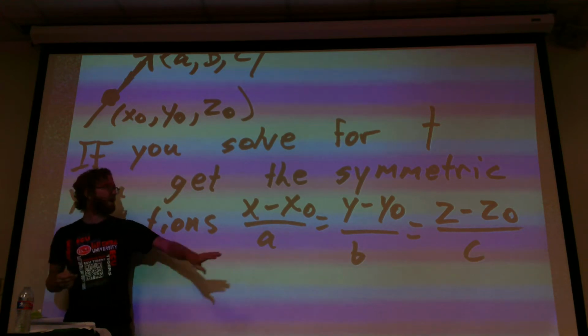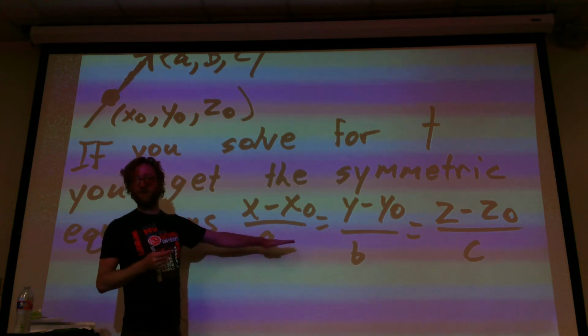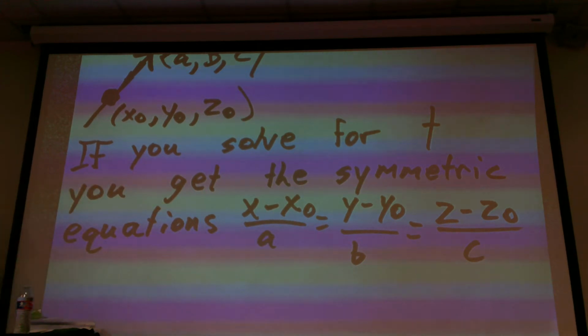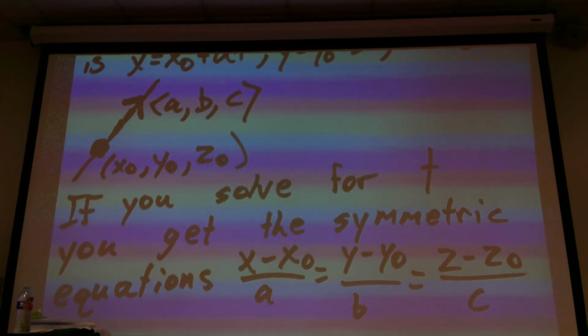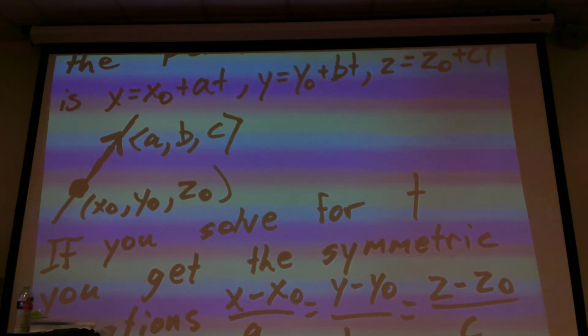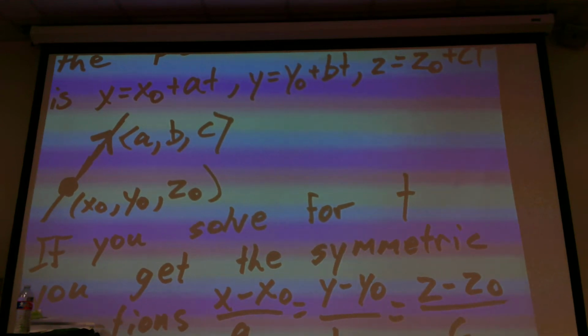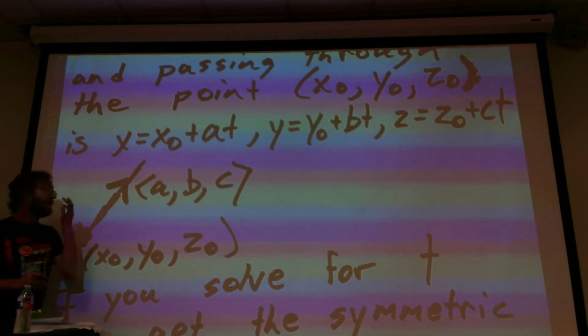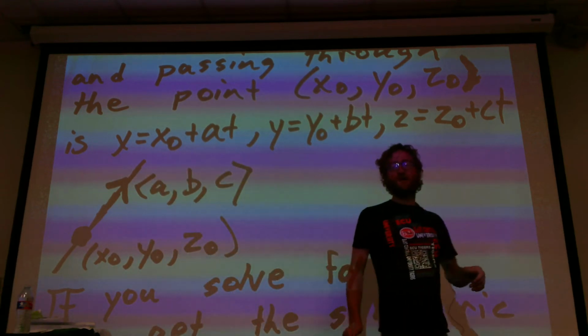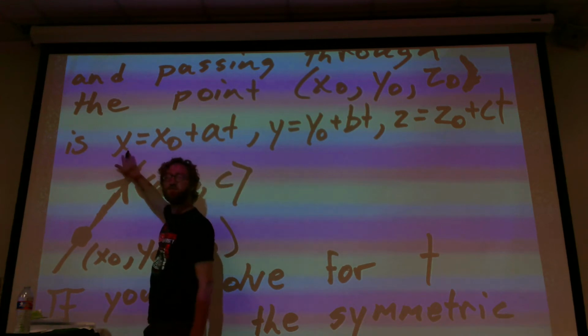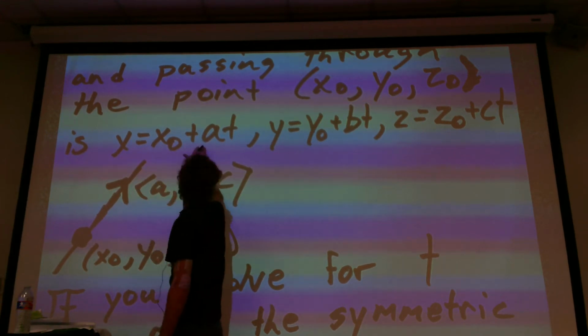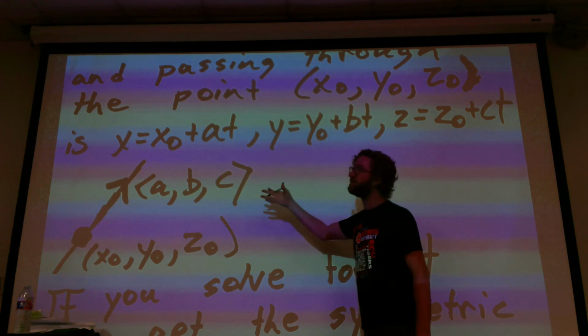Okay. So how did I actually just get to this symmetric form right here? Give me a second to write that down. Let's see if I can actually fit this all on one screen. Well, anyway, I don't think I'll fit that on both screens. So what did I do? I just said, well, I'm going to subtract x naught to this side of the problem, and then I'm going to divide by a, and that's me solving for t.